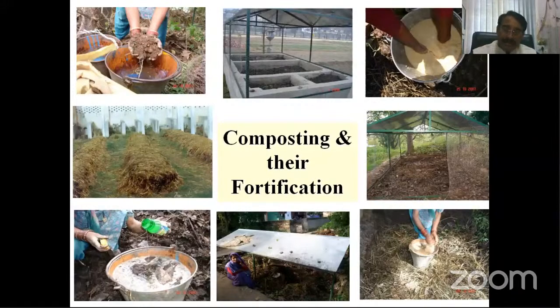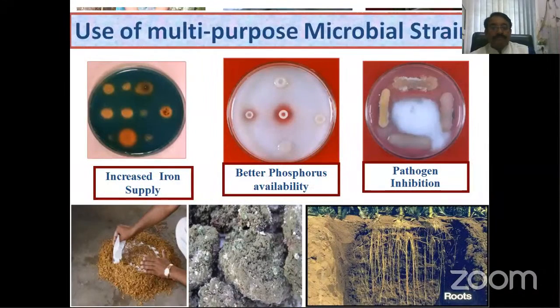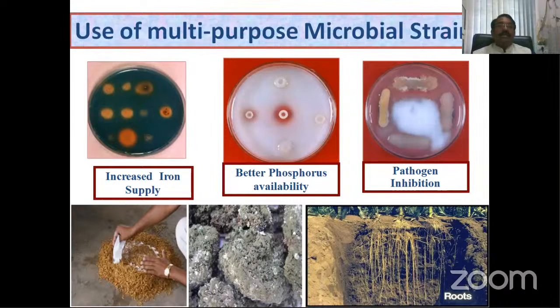If you add rock phosphate, then the phosphorus content will also be increased. So before use, it should be fortified. Then the use of multi-purpose microbial fertilizer or biofertilizer, that multi-purpose microbial consortia, is very much important.